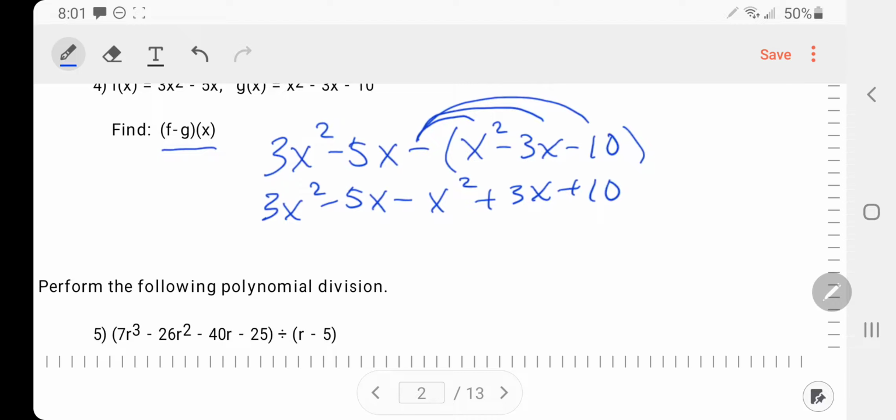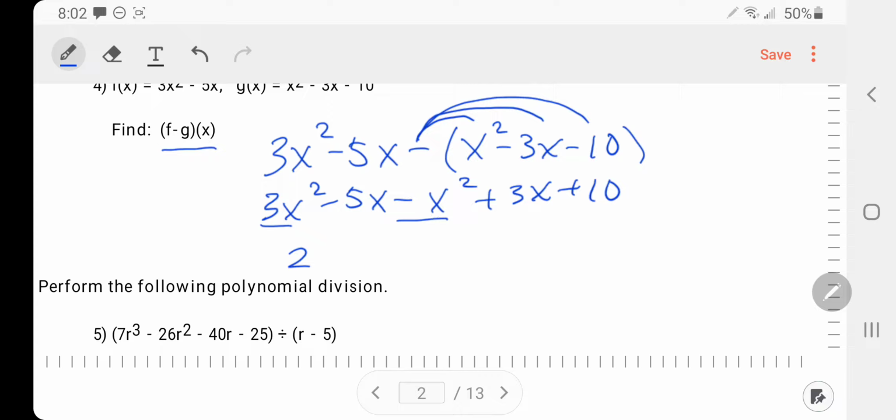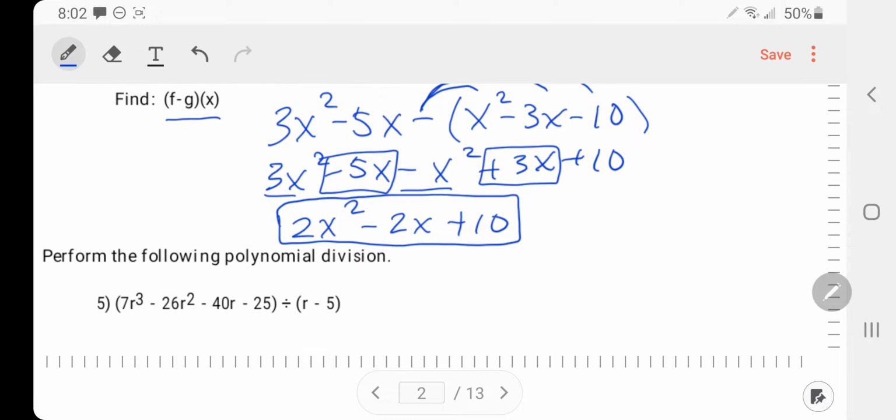And then I need to combine like terms, okay? So 3x squared minus x squared is a 2x squared. I've got a -5x and a plus 3x makes a -2x. And my plus 10. And that is the answer simplified completely. You don't need to worry about factoring the answer.